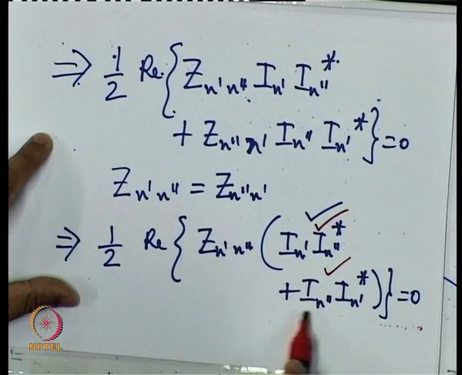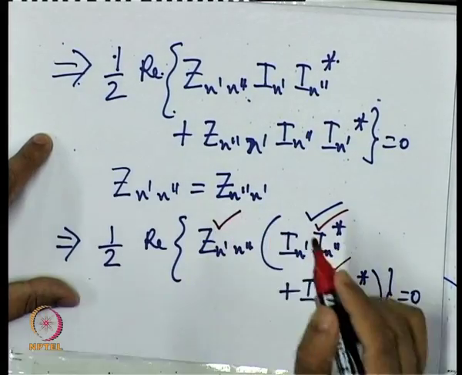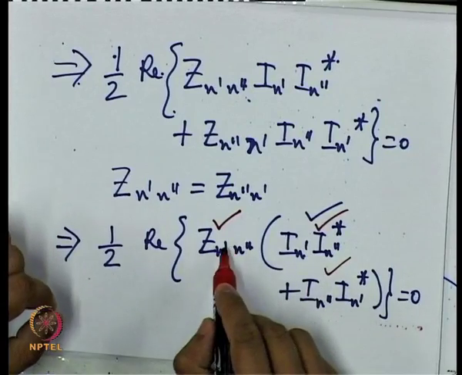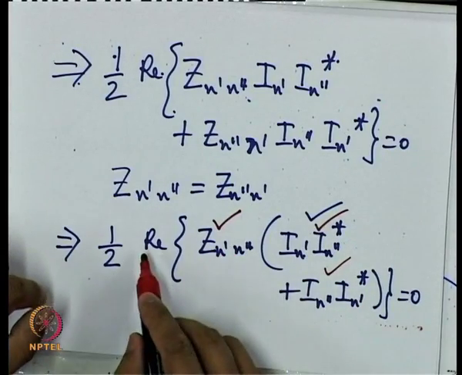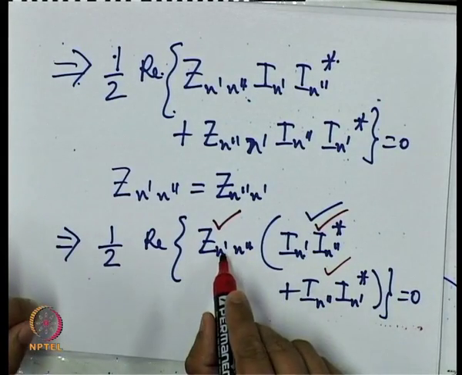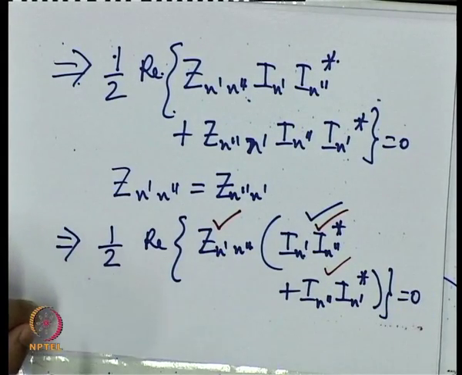Since the real part of this whole term is equal to 0, hence this term must be purely imaginary. If this term is purely real and the whole real part of this expression is 0, then this term has to be imaginary. If it is real, then it cannot be 0.